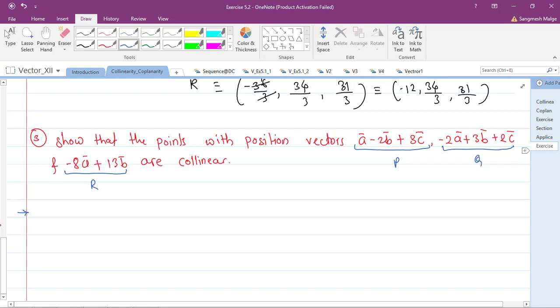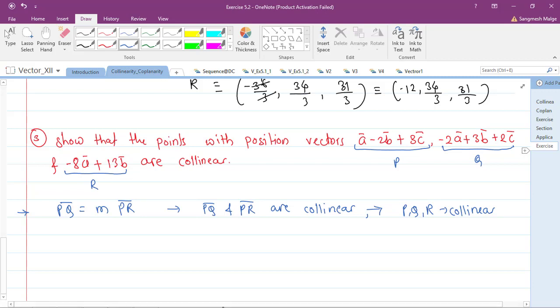So it is sufficient to show that PQ bar and PR bar are scalar multiples of each other. If PQ bar is equal to some scalar into PR bar, then PQ bar and PR bar are collinear, and then P, Q, R are also collinear. This we have seen in detail in the last class.